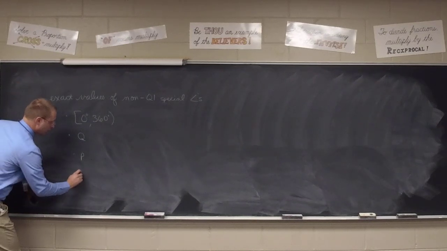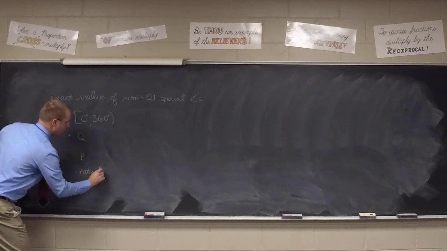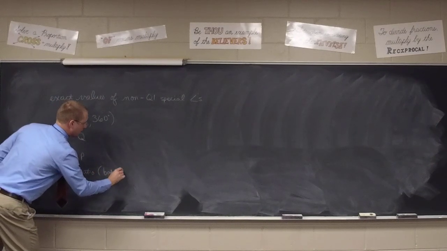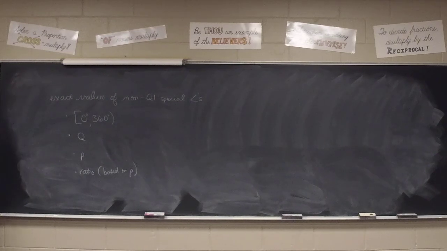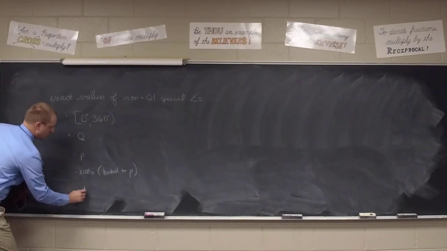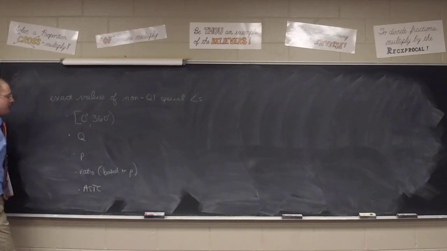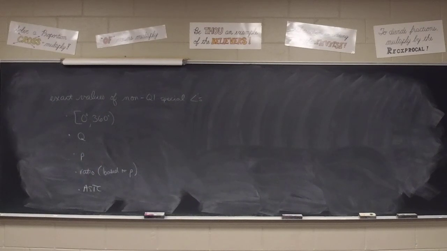Step number 4, determine the ratio based on row. And step 5, ASTC. And there's my abbreviations, because I'm too lazy to write everything I just said. I'm just gonna write all students take calculus. There we go.